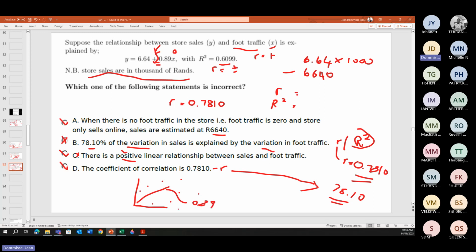So yes, it's positive, but it's weak. If you have a positive line and your values lie something like that, then it will probably be something like 0.8 or even more. Then you can say, yes, it's positive, but it's strong as well, because it's nearly lying on the line.